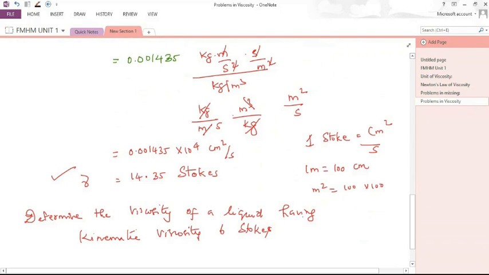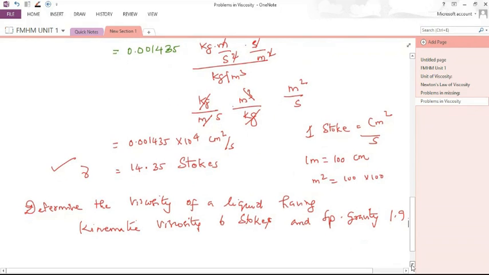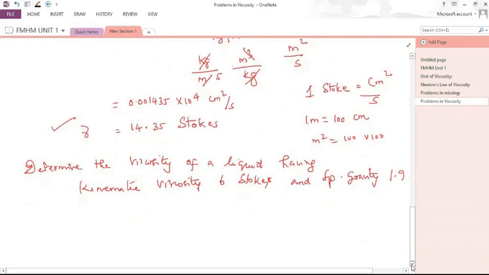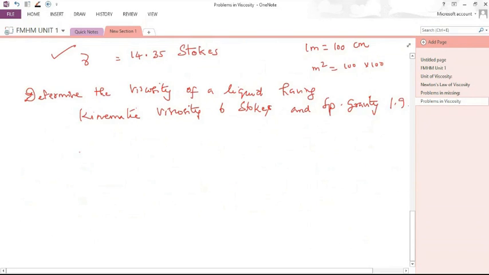Kinematic viscosity is 6 Stokes, and specific gravity is 1.9 for a certain fluid. From that you have to find the value of mu.